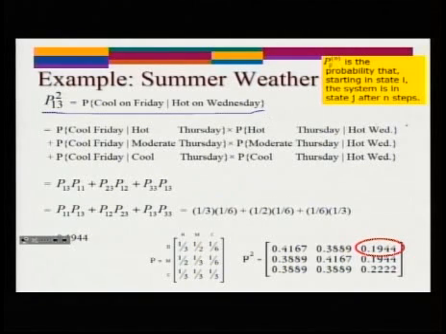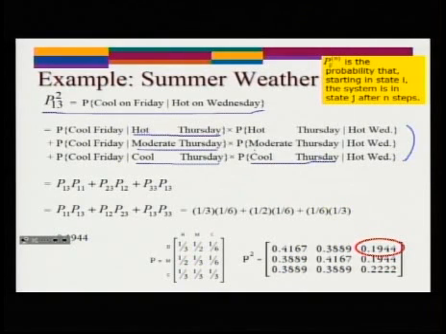It consists of these 3 different cases, right? Because there are 3 different weathers on Thursday, right? And in general, all of this information of 2-day weather forecast can be obtained from the P-square matrix, because this P-square matrix is the 2-stage transition probability matrix.